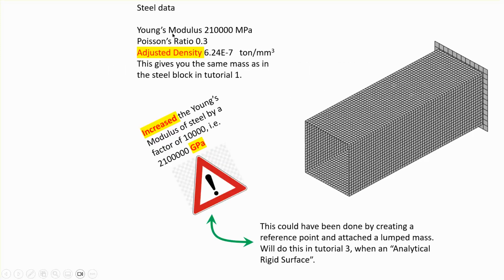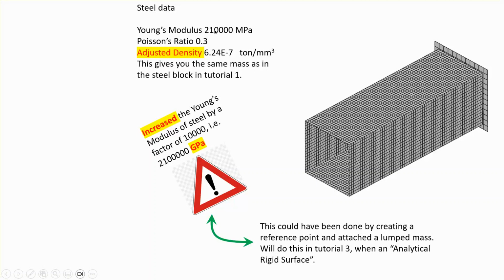This is the data in tutorial 1, but notice that I have adjusted the density of the steel, so that when you calculate the mass of this plate based on the 1.5 millimeter thickness, it gives you the same mass. Now, this comment is made here: first I'm going to use exactly the stiffness of the steel as it was in tutorial 1, and I'll show you what happens.